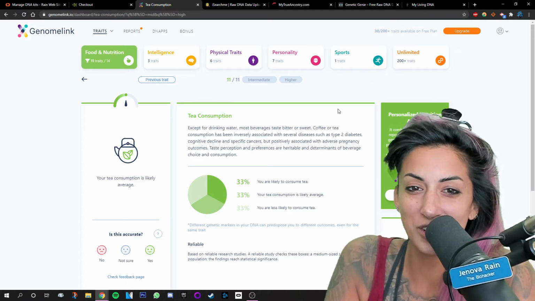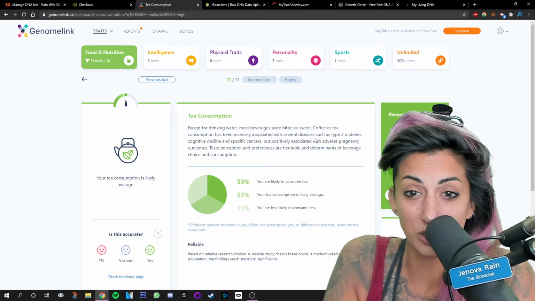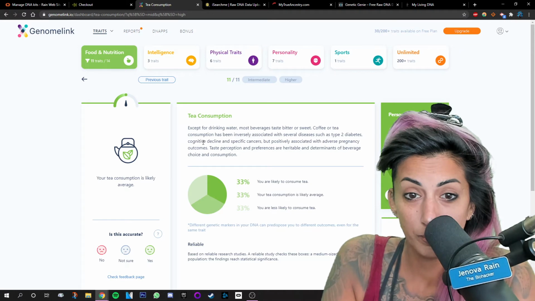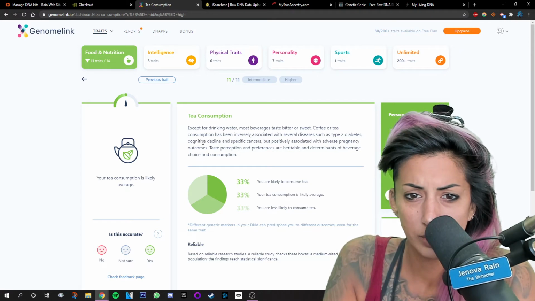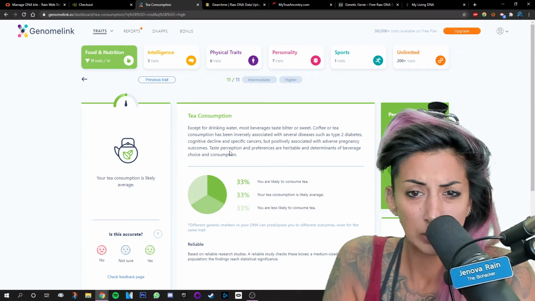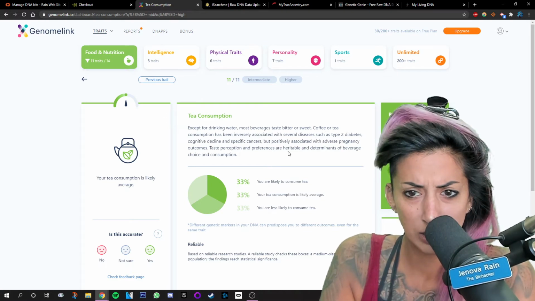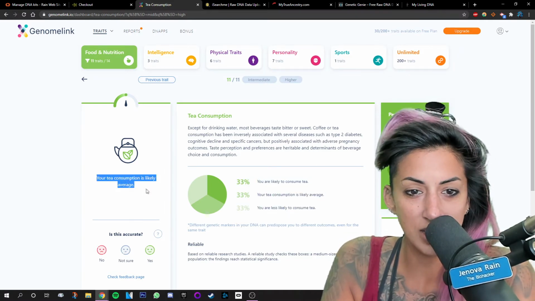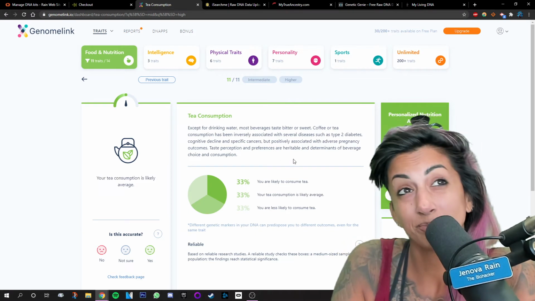Tea consumption. Except for drinking water, most beverages taste bitter or sweet. But also, this just says your tea consumption is likely average.